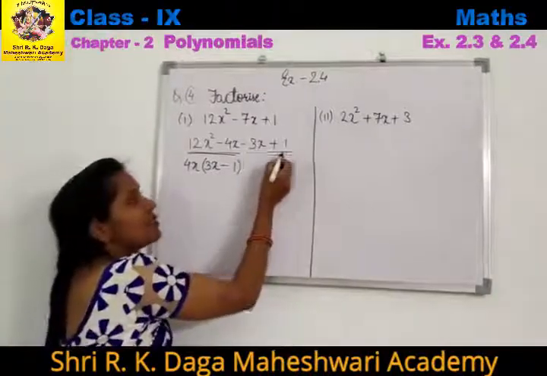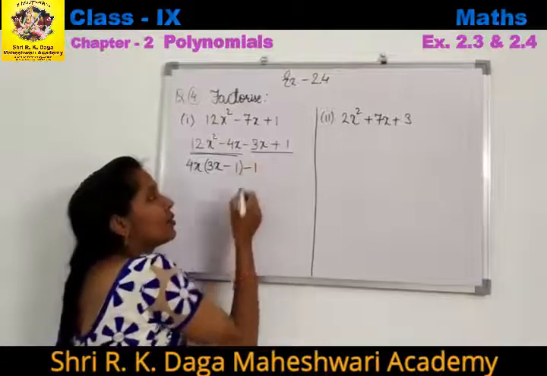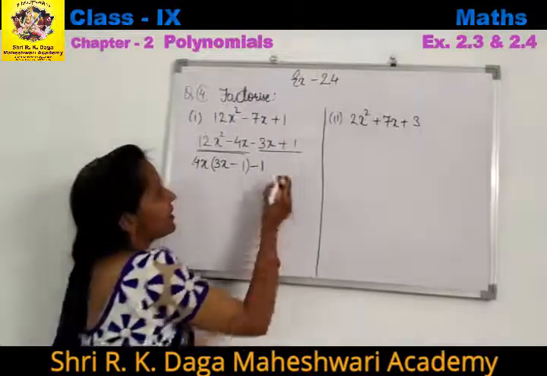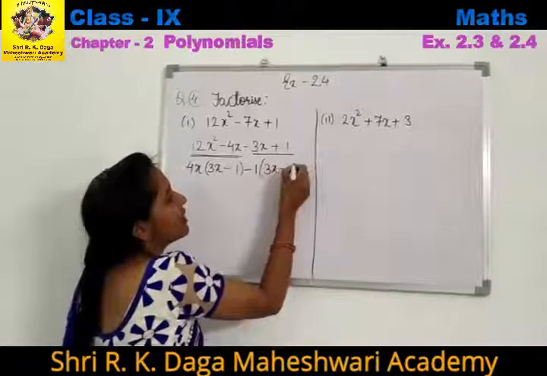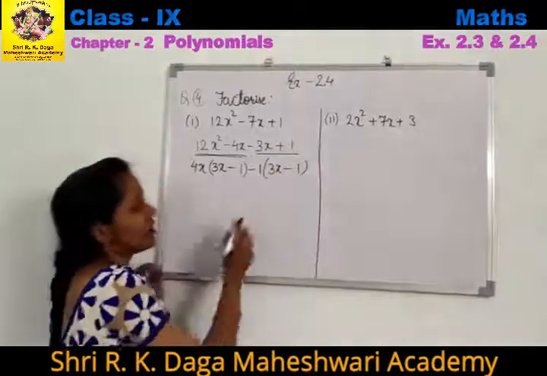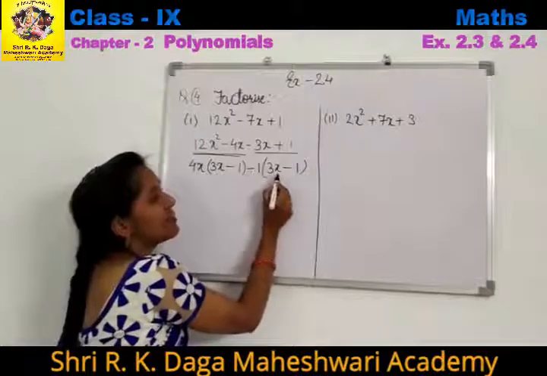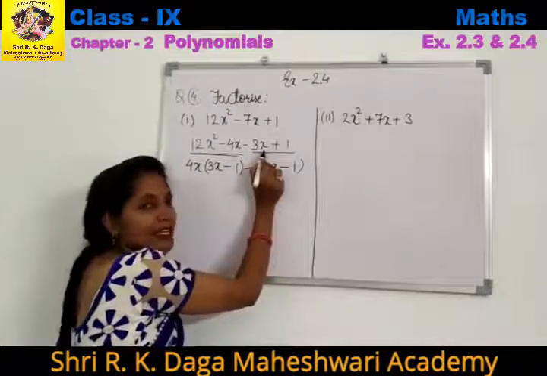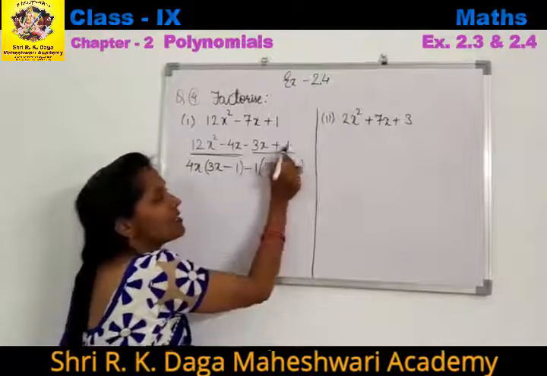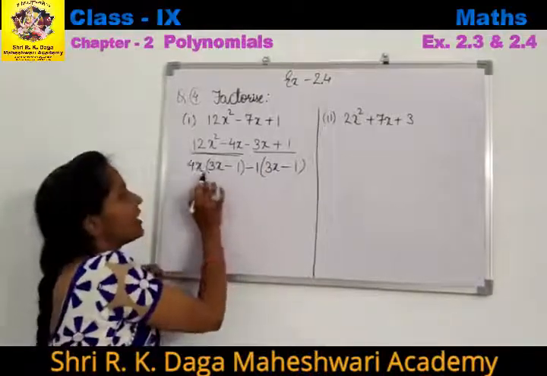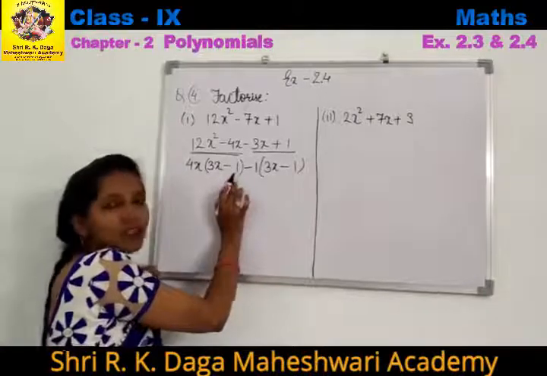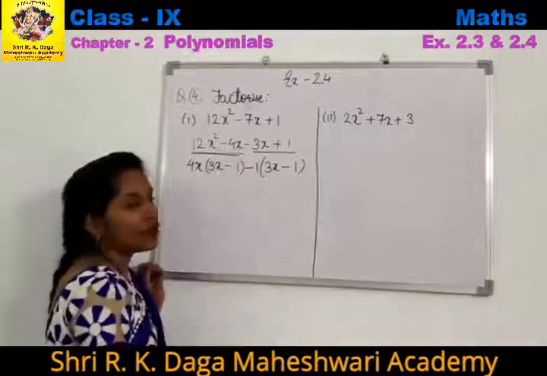In these terms, we can take only minus 1 as a common factor. So, in the bracket, we will have 3x minus 1. When we multiply this minus 1 by 3x, we get minus 3x, and minus minus plus 1. Here 4 into 3, that is 12x square, and 4x into minus 1 is minus 4x.